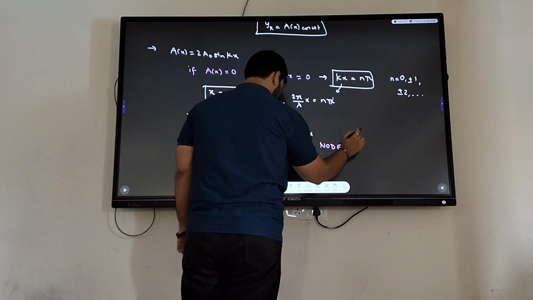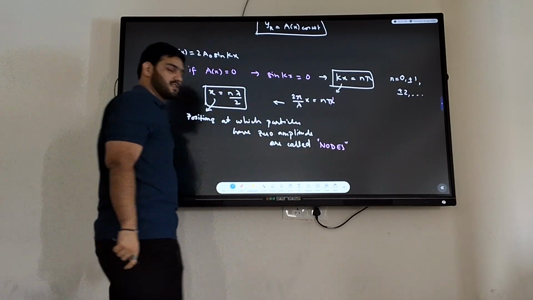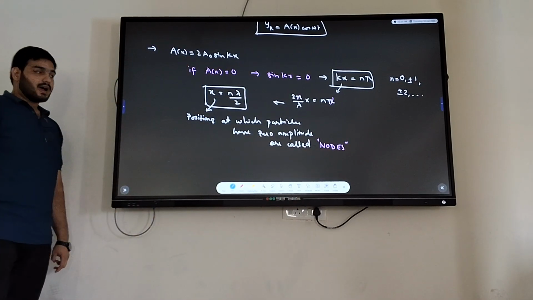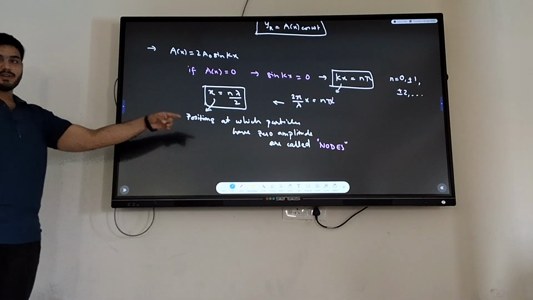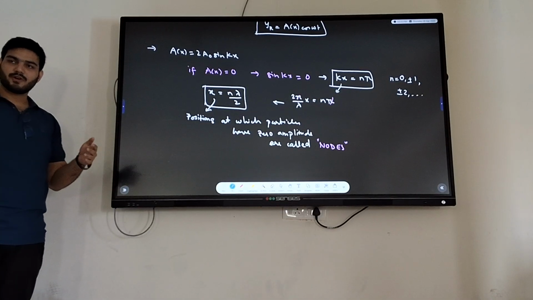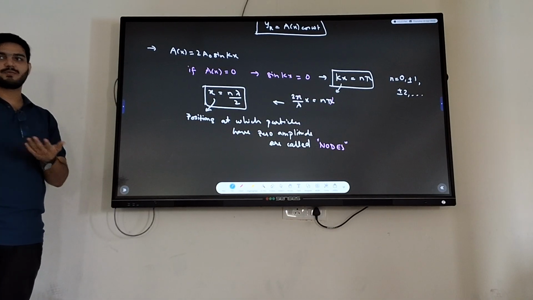Nodes. Is it okay? I talked about the zero amplitude. That is the minimum possible amplitude of oscillation. The particle is not moving at all.